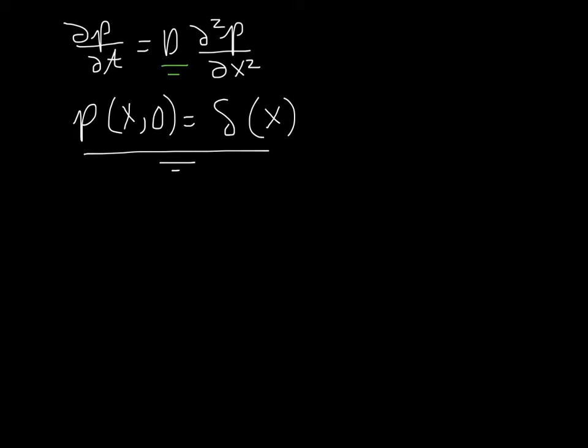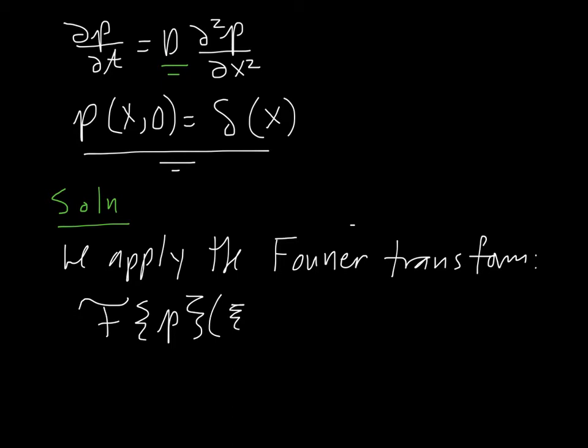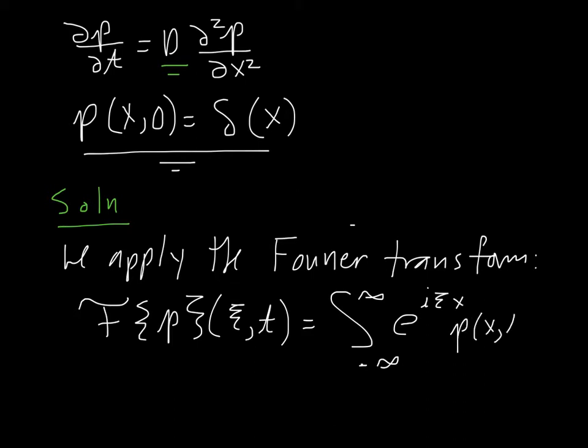To solve this, we'll use what's called the Fourier Transform, which says that the big F of P, which is going to end up being a function of c and also time, is the integral from negative infinity to infinity of e to the i c x times p of x comma t dx.